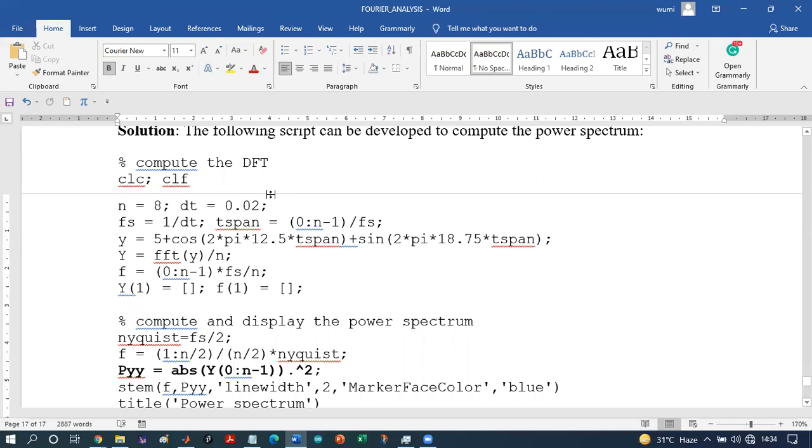But if it says you should plot from maybe 1 to 4, then the other code is what you are going to use.